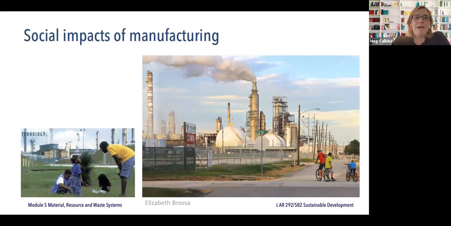But there are social impacts as well. It is not a coincidence that many of the most polluting industries are located in areas where marginalized populations live. This is Cancer Alley in southern Louisiana, where some of the poorest people in our country live. These are vinyl chloride plants. Vinyl chloride is the main ingredient in PVC, which stands for polyvinyl chloride.